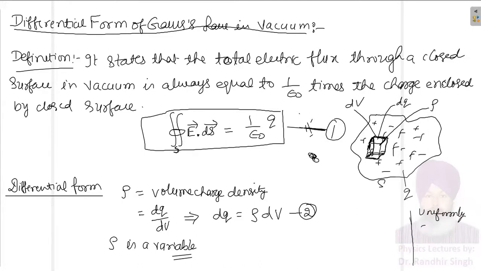For example, you discussed uniformly distributed charge on a wire, then you found the electric field due to a uniformly charged plane sheet, then for two sheets for a capacitor. All the applications that you studied in school physics were of uniform distribution. Now rho is a variable, so that should be taken care of.